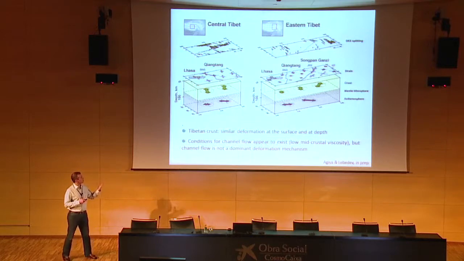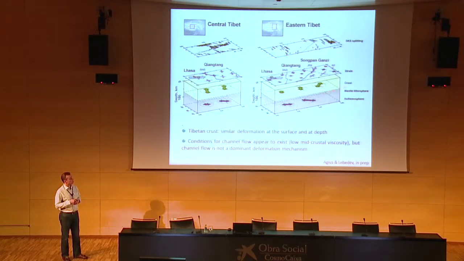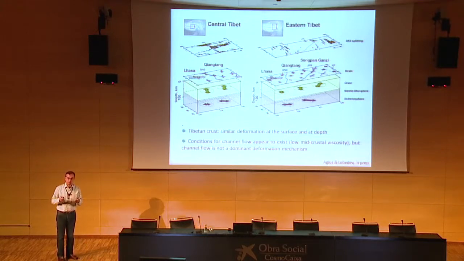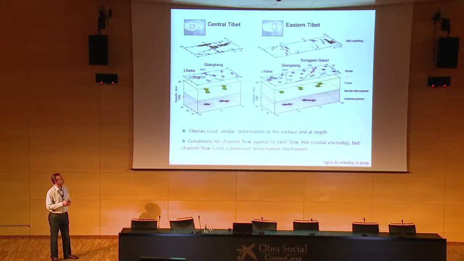So what this tells us is that even though we know that viscosity in the middle crust is very low and there are conditions for channel flow, channel flow implies that deformation within the channel is different from that above and below. Here we see exactly the same deformation throughout Tibetan crust, and then it changes to something different in the asthenosphere.